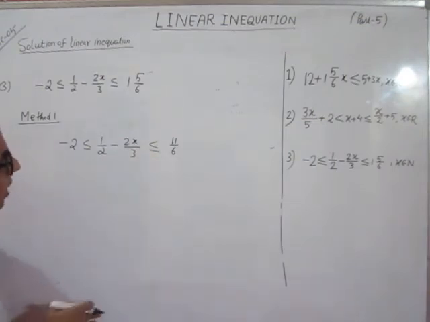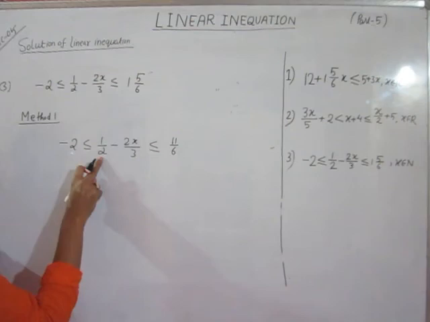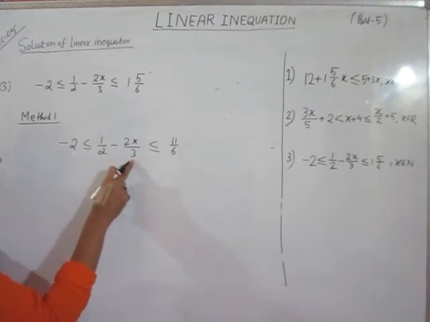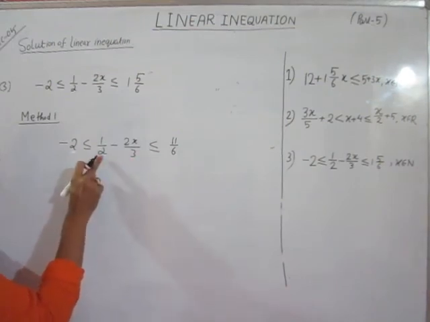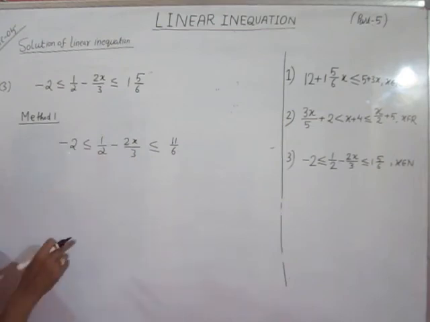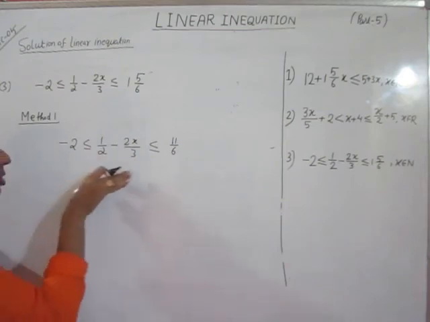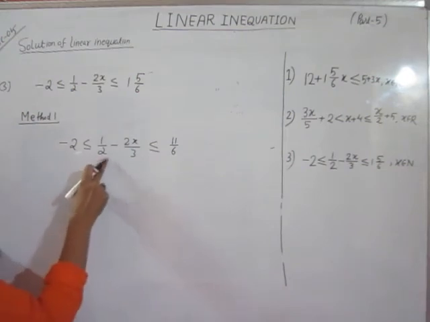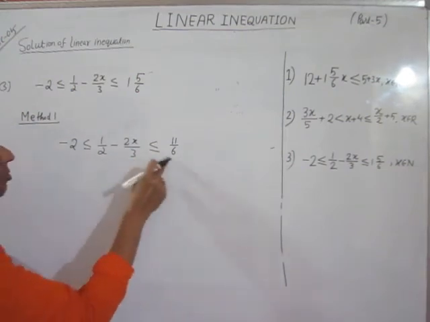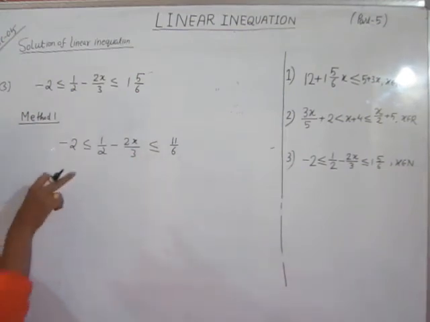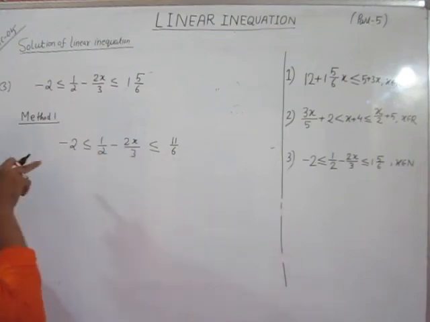Here the denominator is 2, here it is 3. So what is the LCM of 2 and 3? 6. The LCM of 2, 3 and 6 will be 6. So to remove all these fractions, multiply each term by plus 6.